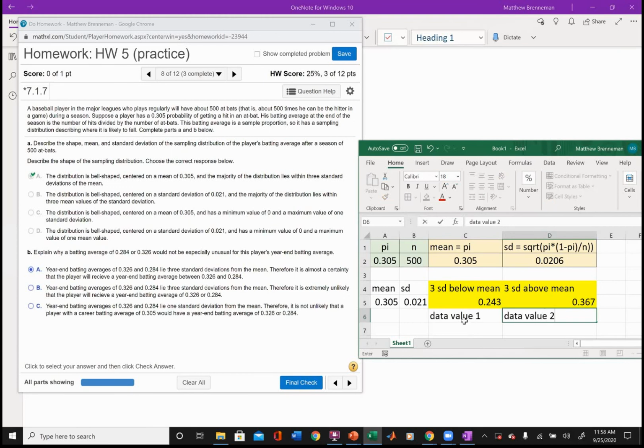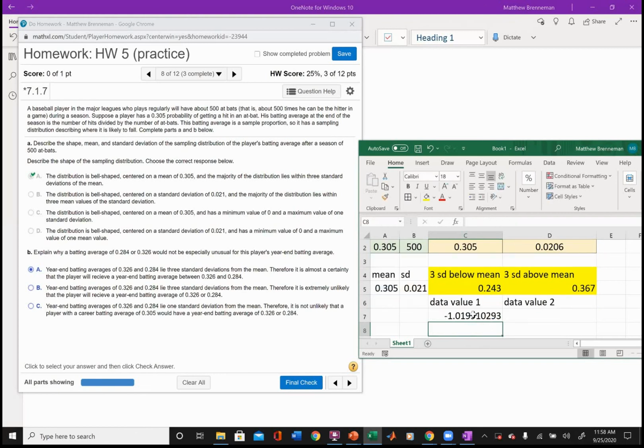They might be 1 standard deviation from the mean. We don't know that. So what I'm going to do is I'm going to take the data value, which is 0.284, and I'm basically going to compute its z-score, right? And subtract off the mean and divide by the standard deviation. And sure enough, it's about 1 z-score below, right?